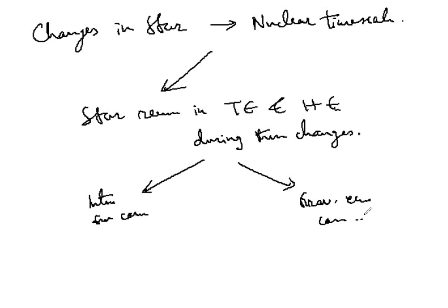Therefore, when the core shrinks, the envelope must expand to maintain the gravitational potential energy.